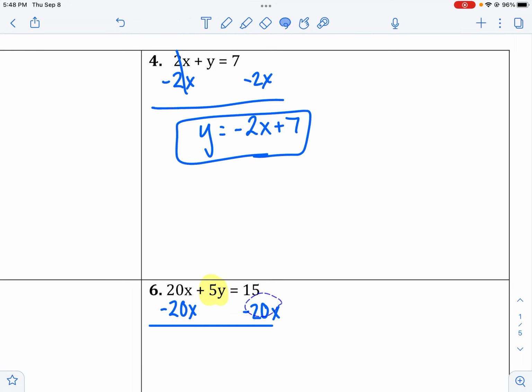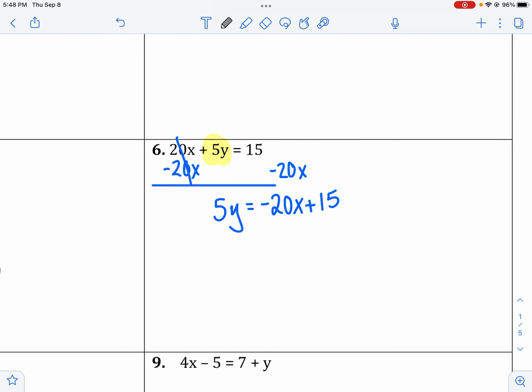Those are not like terms. I cannot combine those. I have to write them separately. And I don't need to subtract 20x from 5y because I've already subtracted 20x from that side of our equation. So I'm left with 5y equals a negative 20x plus 15.